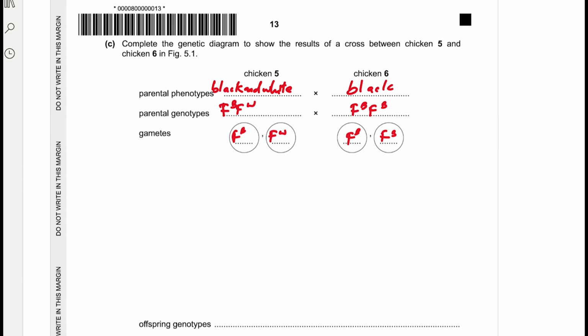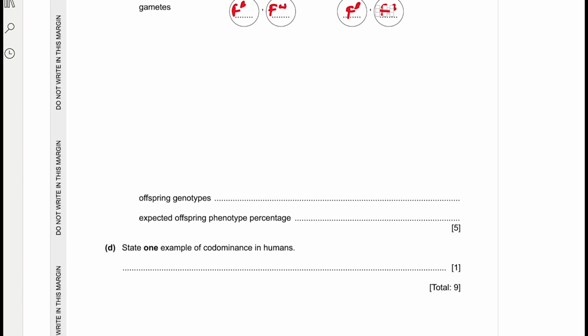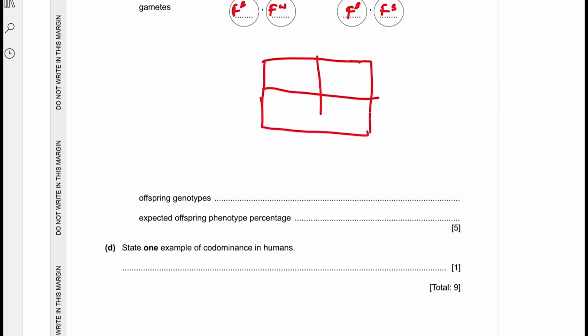Alright, so complete the genetic diagram to show a cross between these two. Okay, so you have to show offspring genotype expected. So when we do a pedigree diagram, what do we expect to get? We had a black and white, and here we had a black chicken. So this one will give us black first. This one here will also give us black.